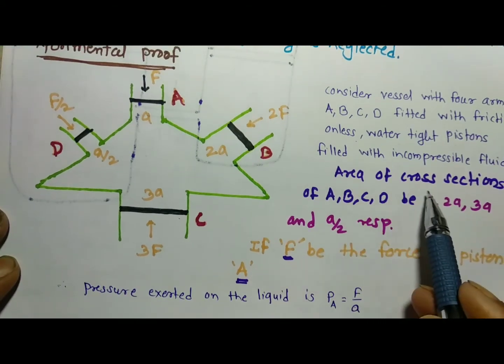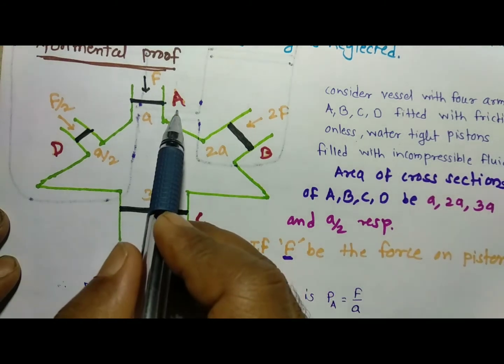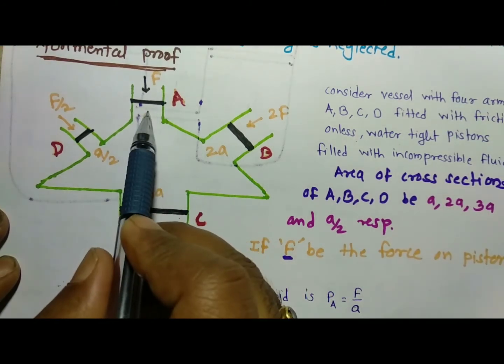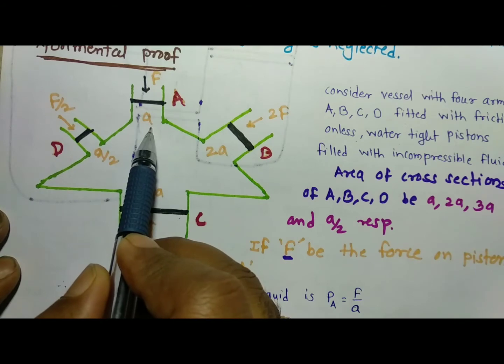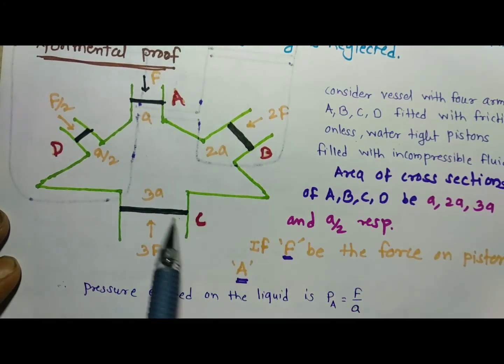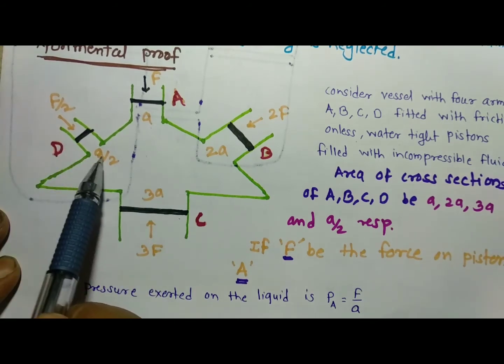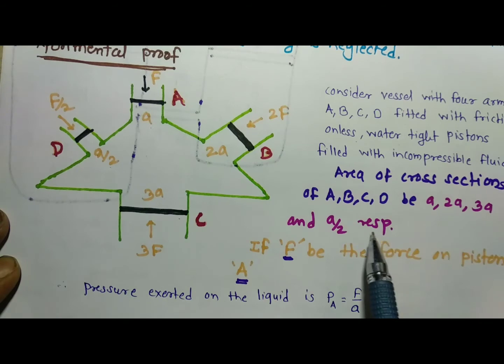The area of cross section of the first arm A is A, the second arm B has area 2A, the third arm C has area 3A, and the fourth arm D has area A divided by 2, respectively related to A, B, C, D.